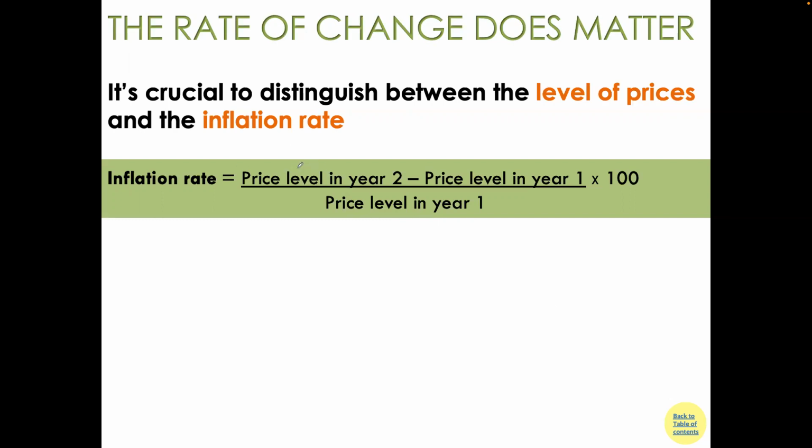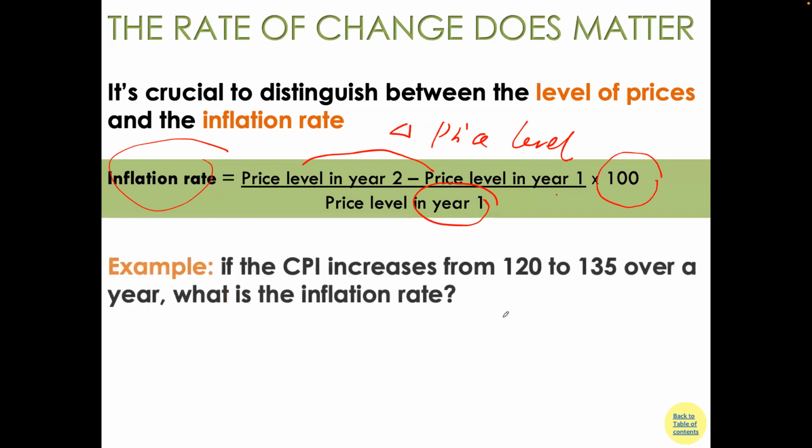Let's use delta as change in price level, divided by price level in the base year. So this is the inflation rate, the percentage change in price level. The 100 is normalization. That's going to give you the percentage, right?